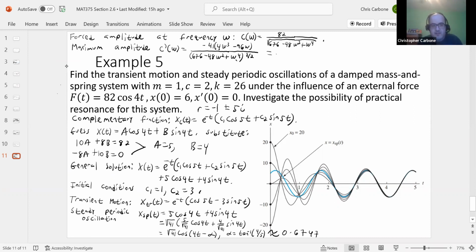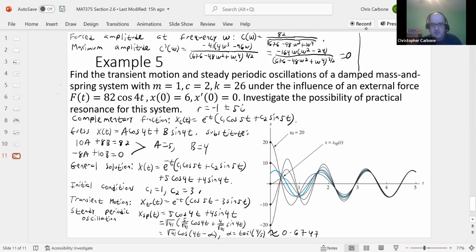And we could try to make that a little bit nicer. That's negative 164 times omega times omega squared minus 24, divided by 676 minus 48 times omega squared plus omega to the fourth to the 3/2 power. We would set that equal to 0.